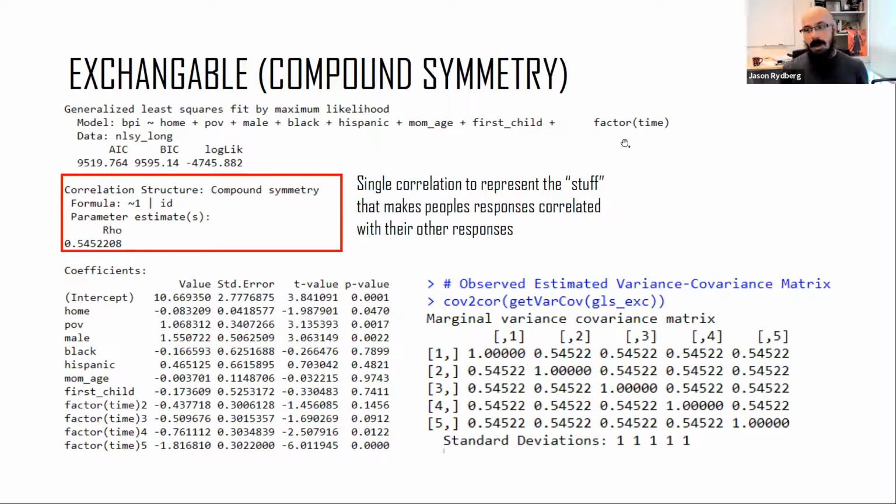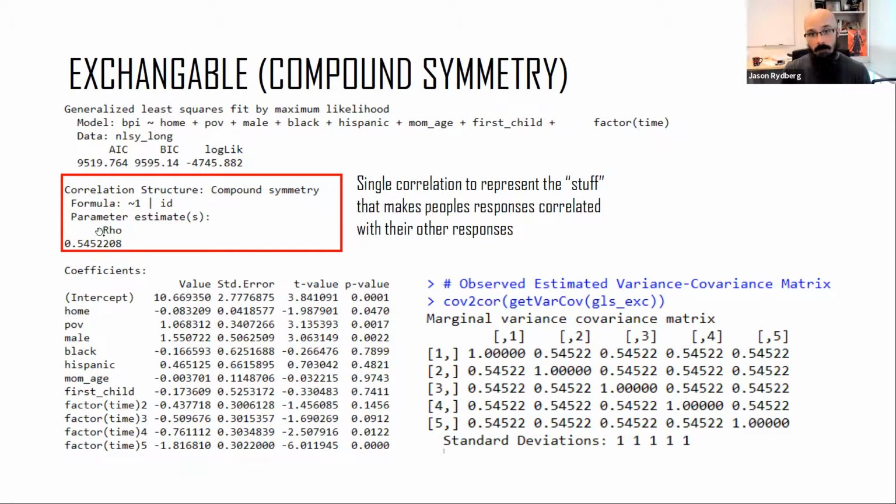So first, here's our exchangeable structure, or our compound symmetry. In this case, we get a single correlation that essentially reflects the fact that responses are coming from the same units over time. For any given unit, what is a value that we could use to capture the degree to which those responses are correlated?